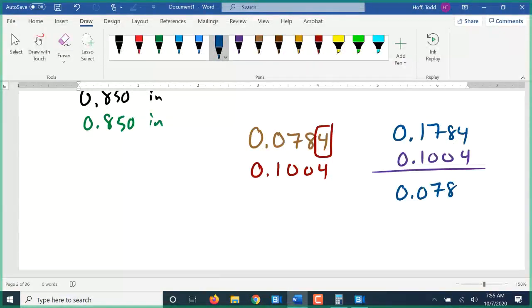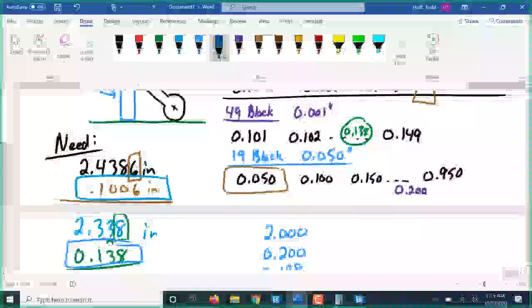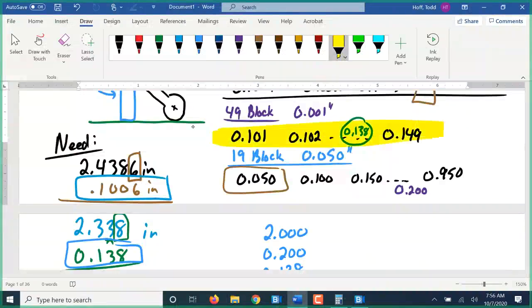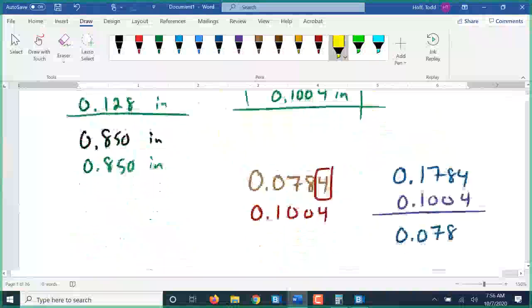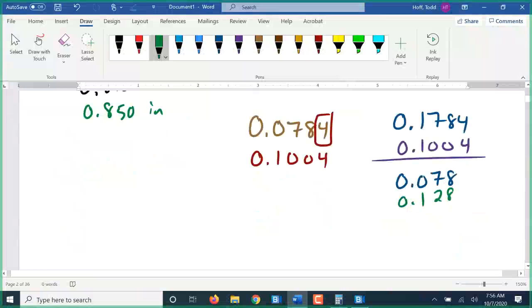Well, the only thing that has an 8 in the thousandths place is in the 49 block series here. And in that series, they still all have a 10th. I'd want a 28 there, but it's a 128. There is no just 028. So I can't build that either.